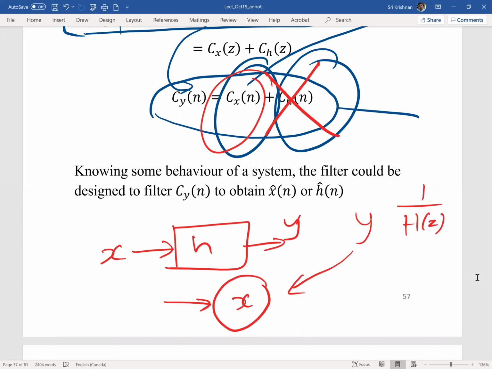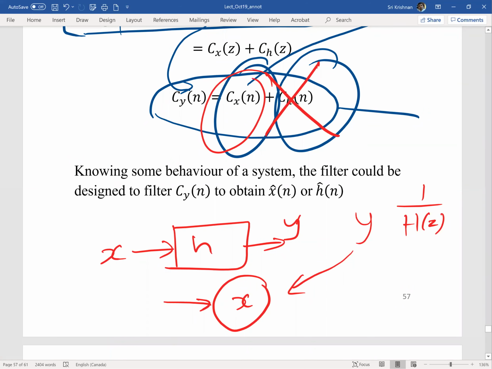So in a nutshell, deconvolution or inverse filtering is to know the effect variable and get the causal aspect of it. What is causing something could potentially be revealed through deconvolution and inverse filtering.